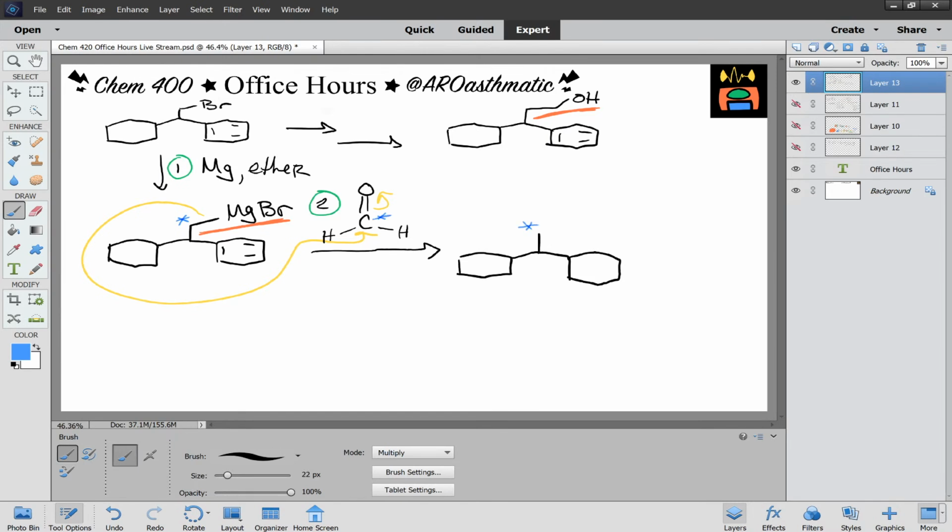Here's our first carbon. Now we have a new carbon-carbon bond between these two carbons.